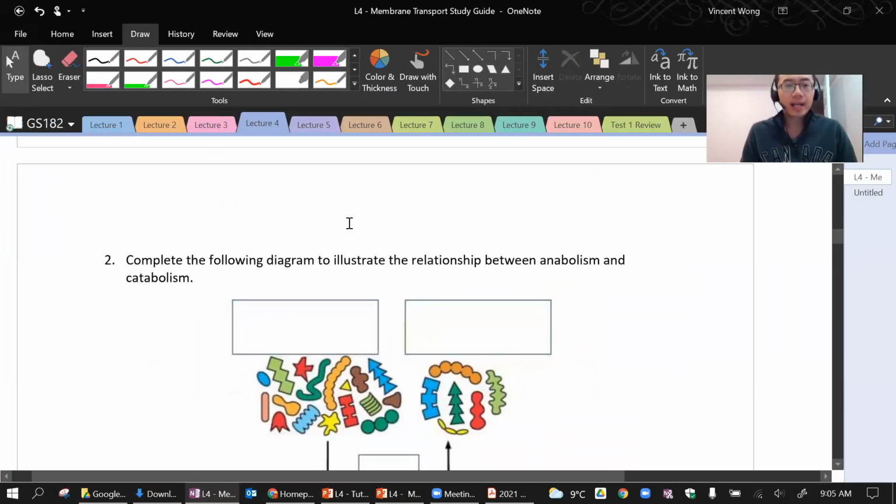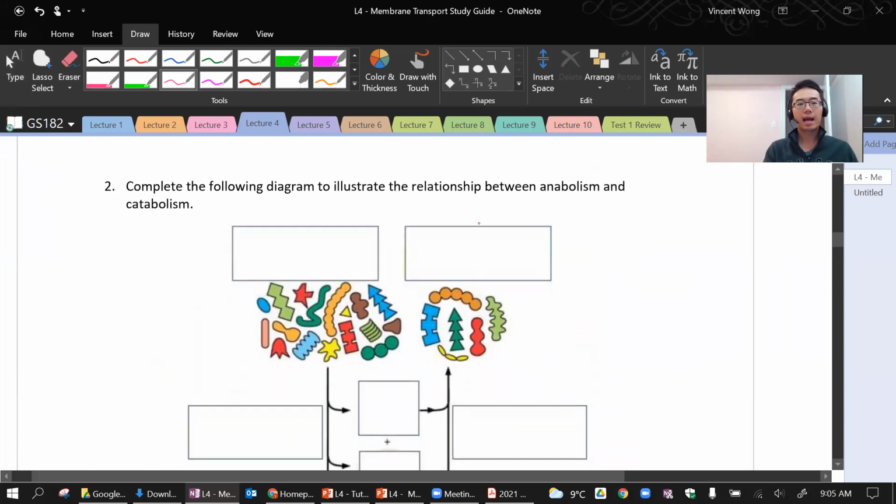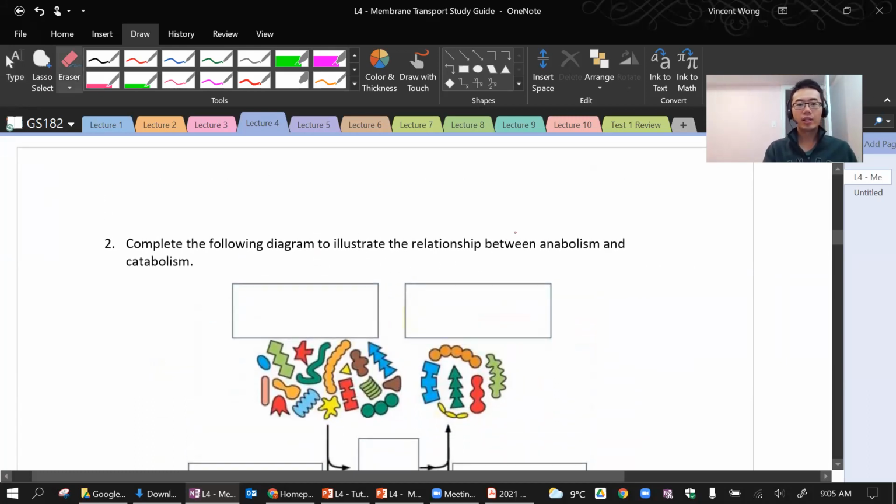Complete the following diagram to illustrate the relationship between anabolism and catabolism. Okay, so in general, let's quickly define what they are. Anabolism are basically reactions to build macromolecules.